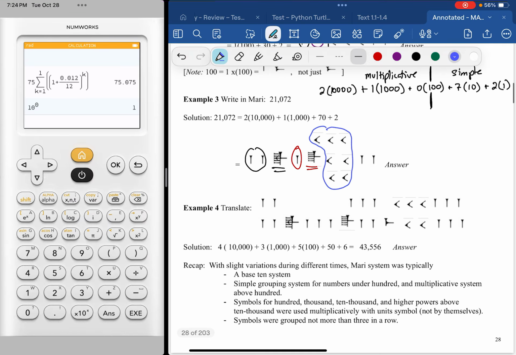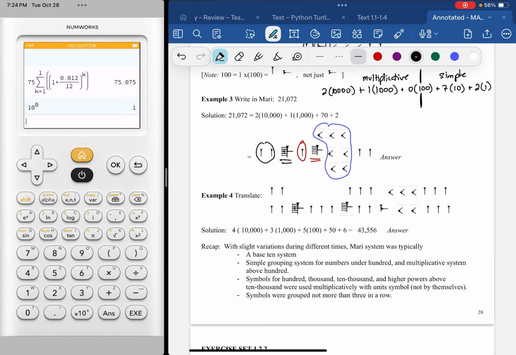All right, so here I'm looking at this symbol here representing 10,000. All right, this is my 1,000. All right, then I have my 100. Then everything after that would be the simple stuff.